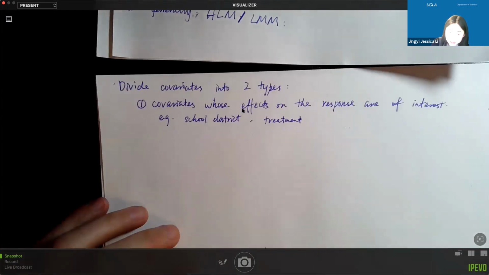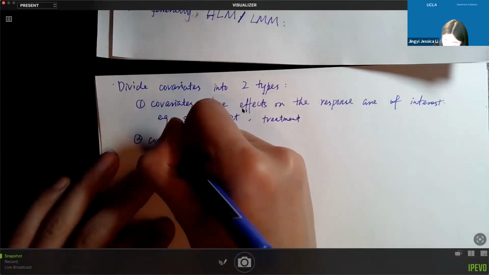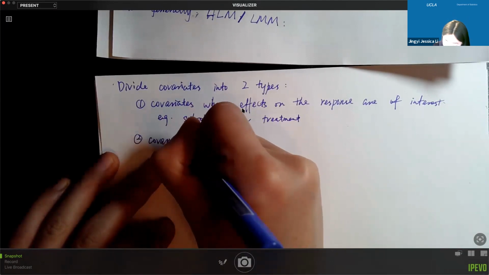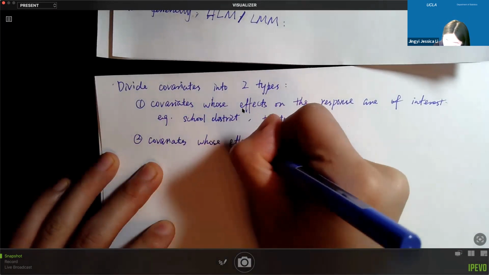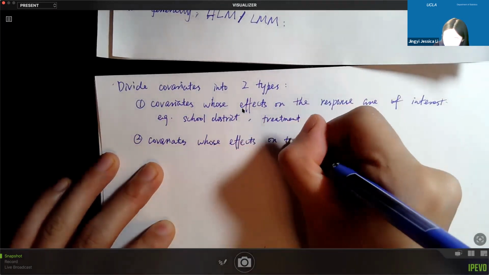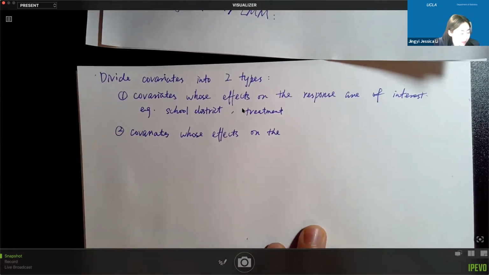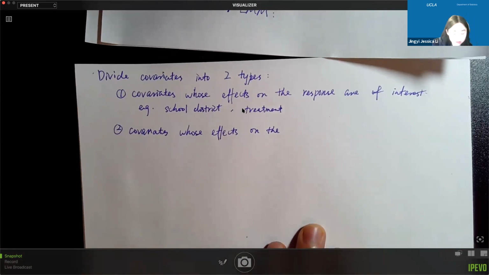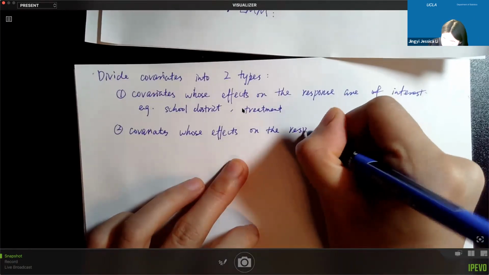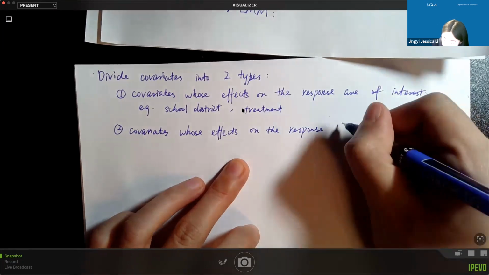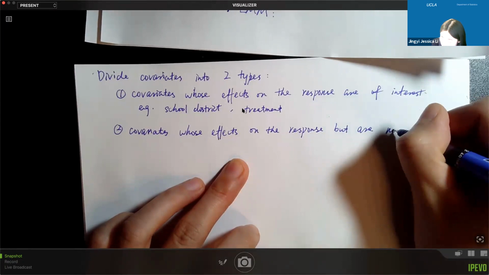And the second type of covariates have effects on the response as well, just as what school the student is in, like one of the 38 schools, clearly has an effect on his or her grades. So they have effects on the response, but are not of interest.